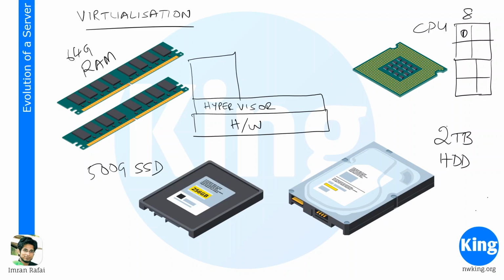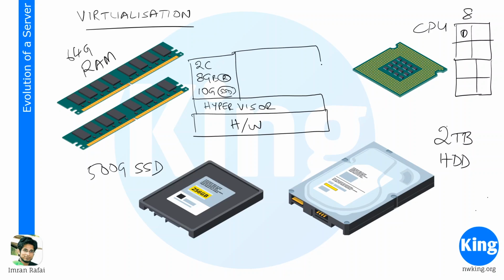So you could go to the hypervisor and say, give me a virtual machine with 2 cores out of the 8 cores, 8 GB of RAM, and 10 GB of SSD, right? You could have this, that's a virtual machine, and you could maybe run any operating system.